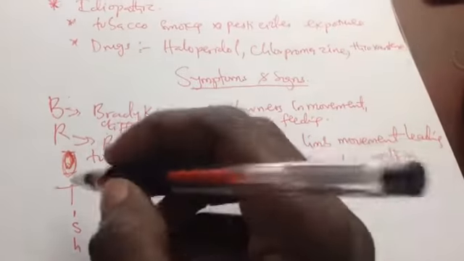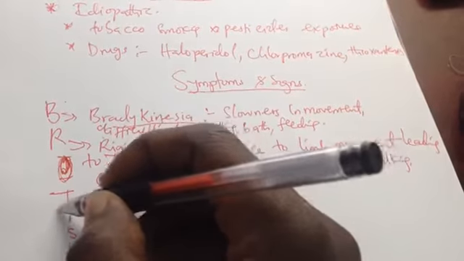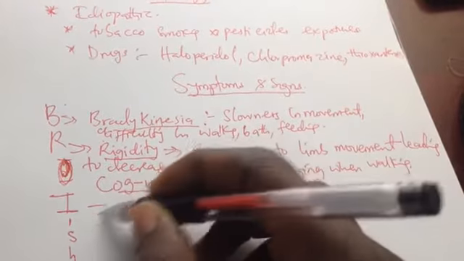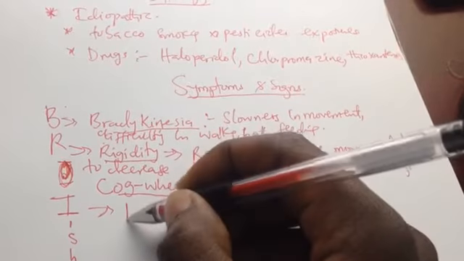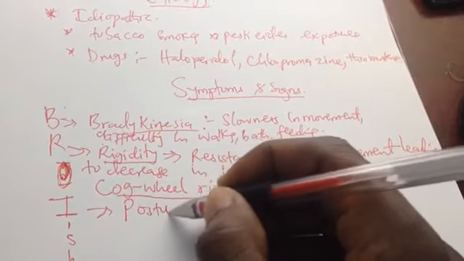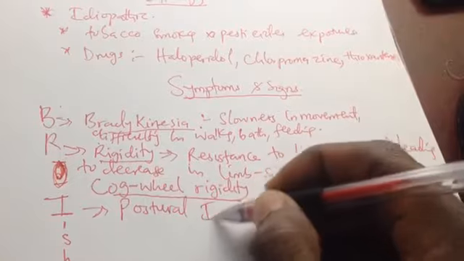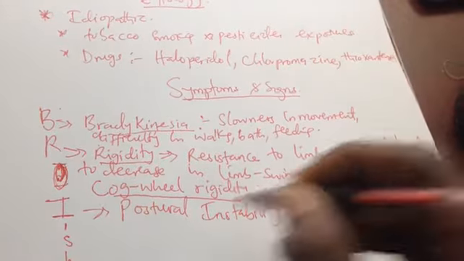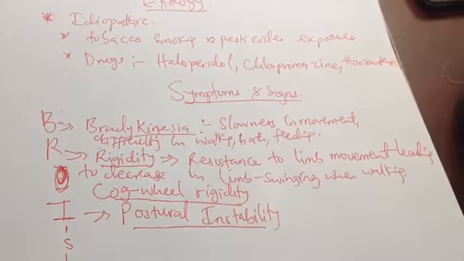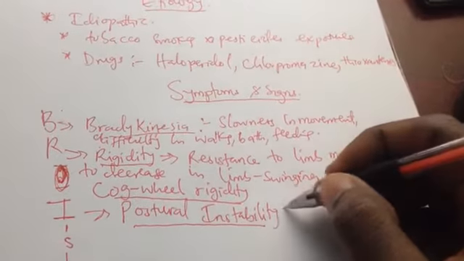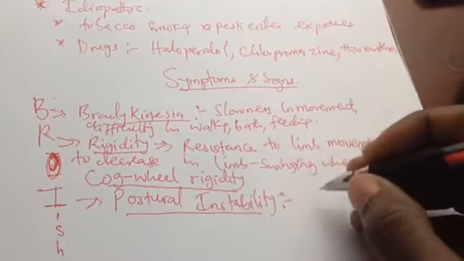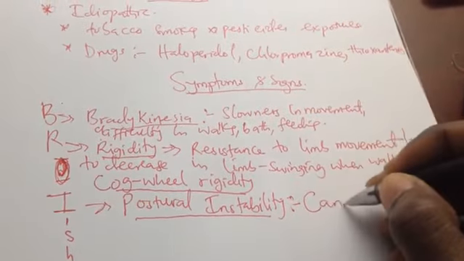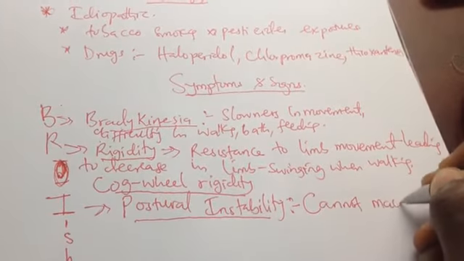So now let us discuss the I. The I means postural instability. This postural instability means the person cannot maintain a normal posture.